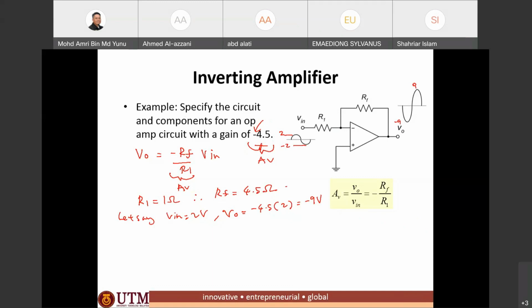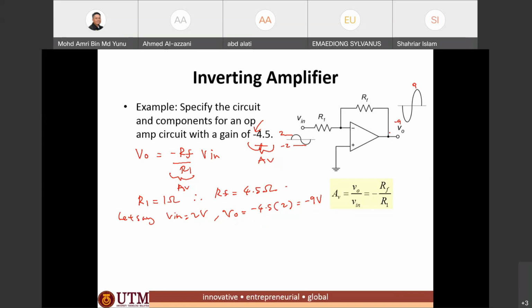At first consideration, we choose R1 to be 1 ohm and RF would be 4.5 ohm. Then, on the practical side, the maximum amplitude of V in is 2 volt, and therefore we get the maximum amplitude of V out of negative 9 volt.